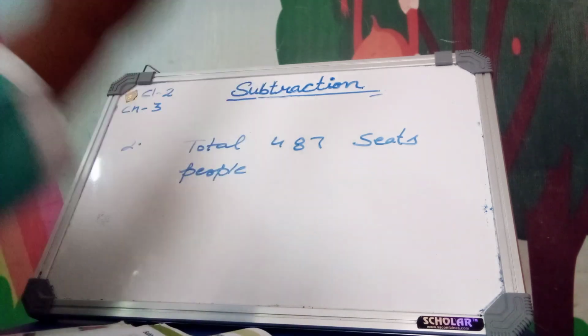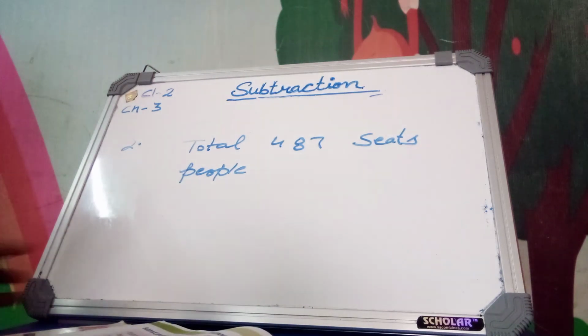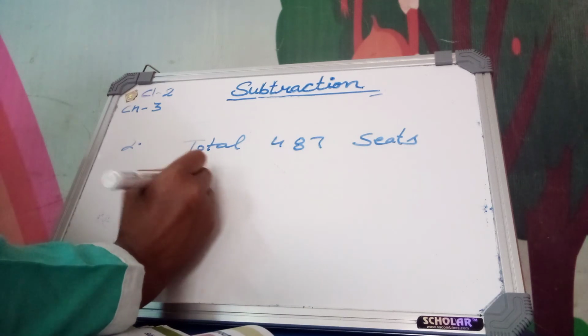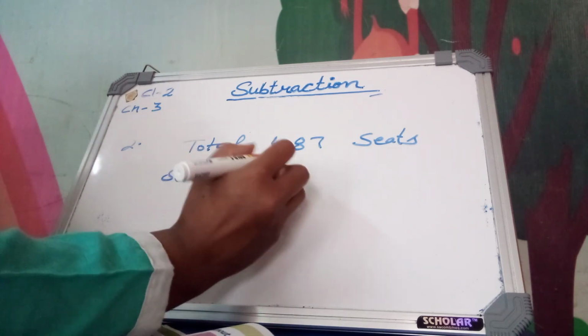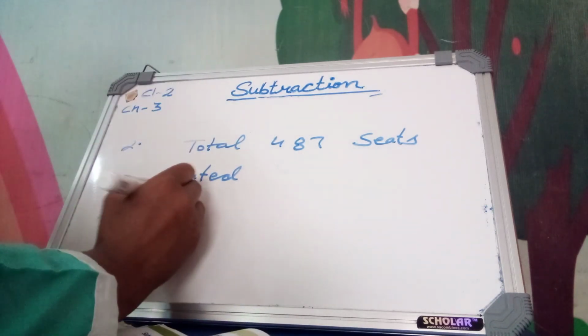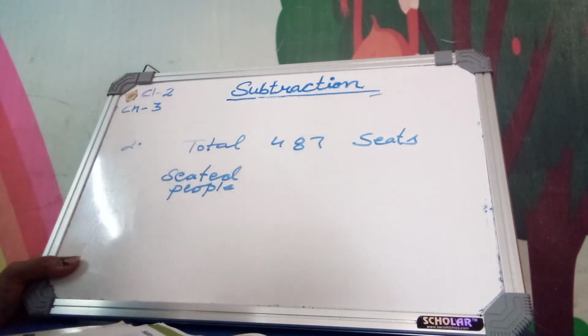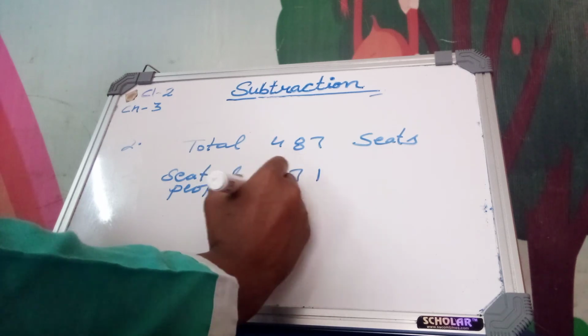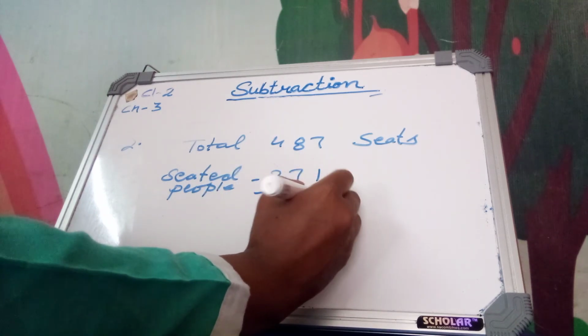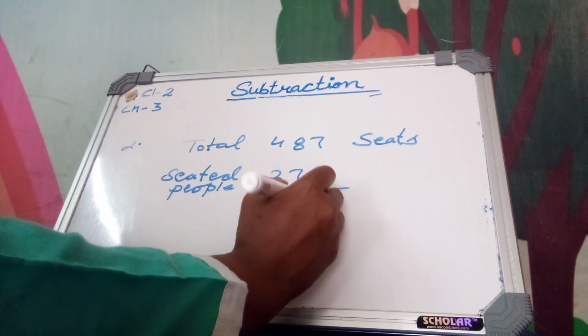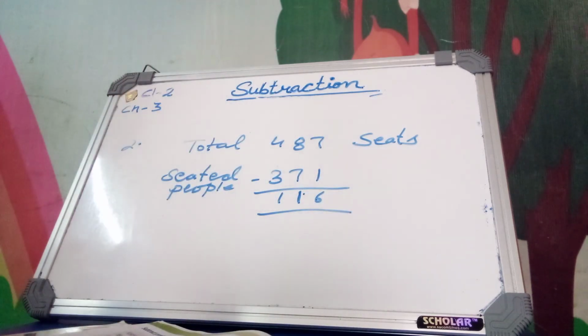Seated people, how many people were seated? 371. 7 minus 1, 6. 8 minus 7, 1. 4 minus 3, 1. 116 seats were vacant.